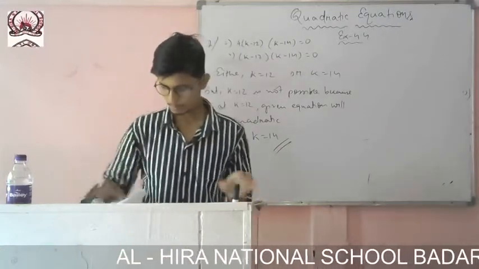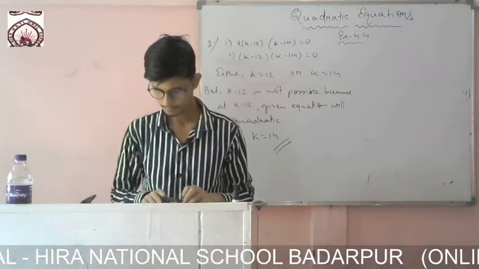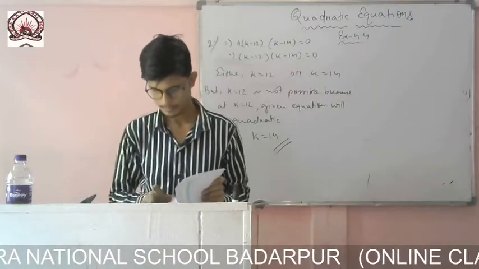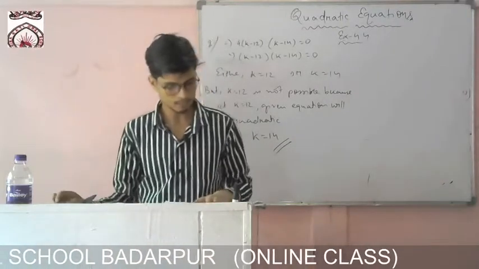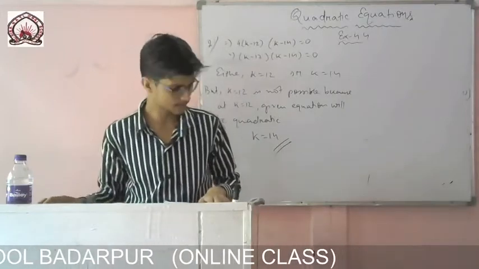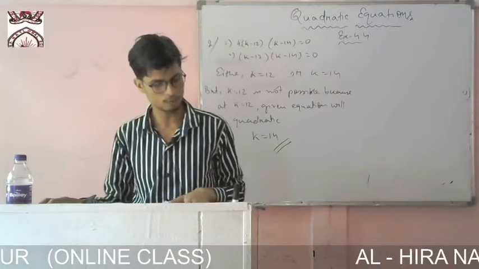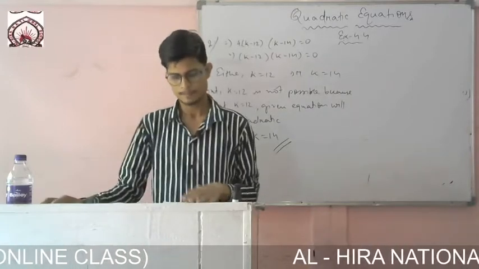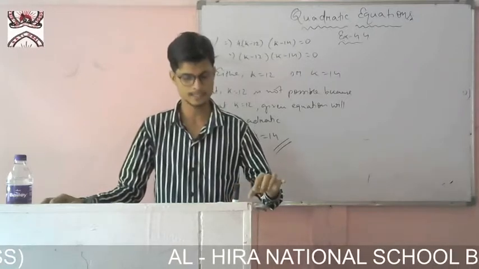So now let us move to the next question. It is given here: is it possible to design a rectangular mangrove whose length is twice its breadth and the area is 800 meters square? If so, find its length and breadth. We can actually judge such kind of sentence very easily.